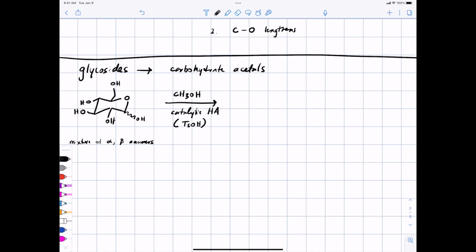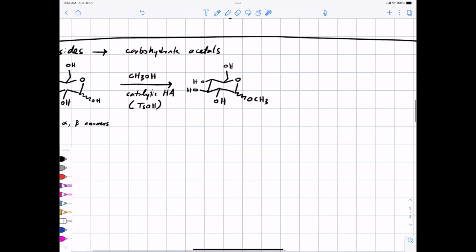And what happens there is you swap out the OH group of the hemiacetal for the alcohol. All right.